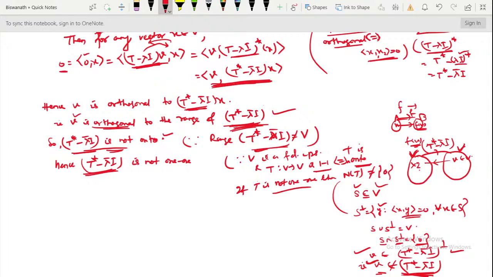You already know that if T is 1-1, then the null space of T contains only the zero vector. Similarly, here, if this is not 1-1, then the null space of T star minus lambda bar I contains non-zero vectors.